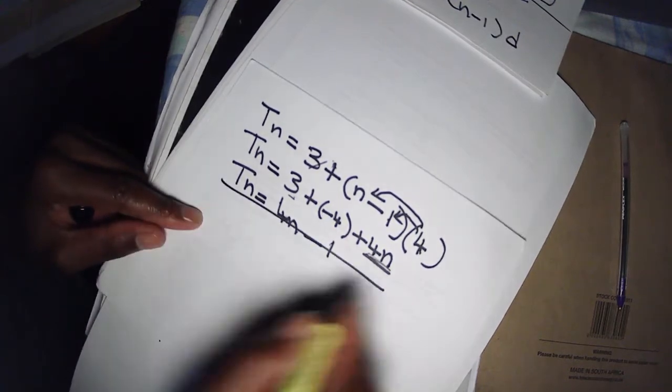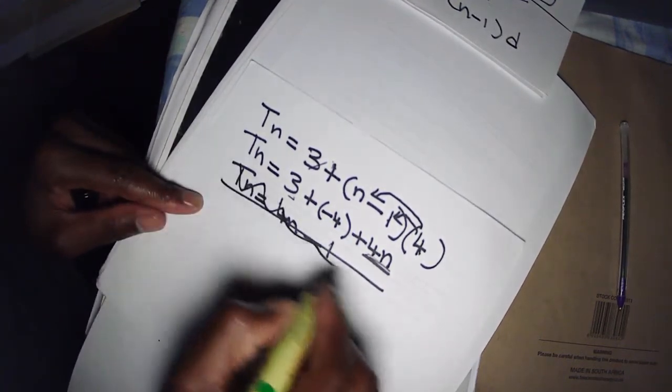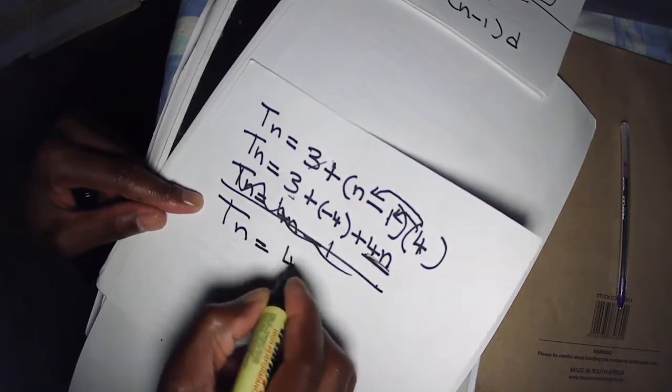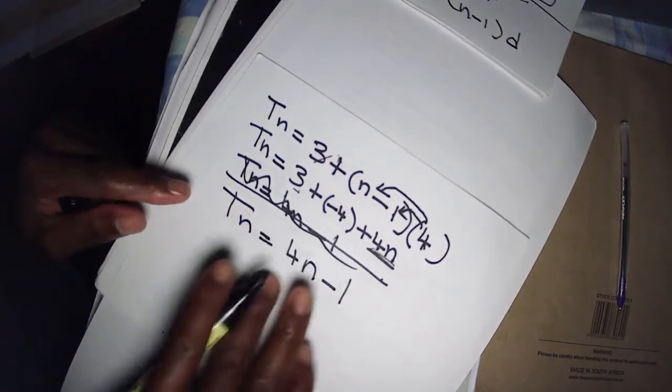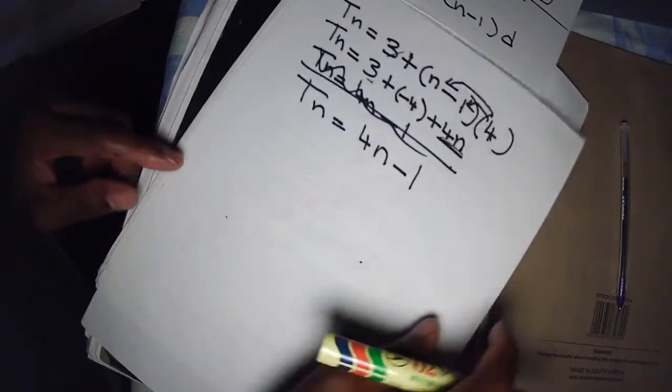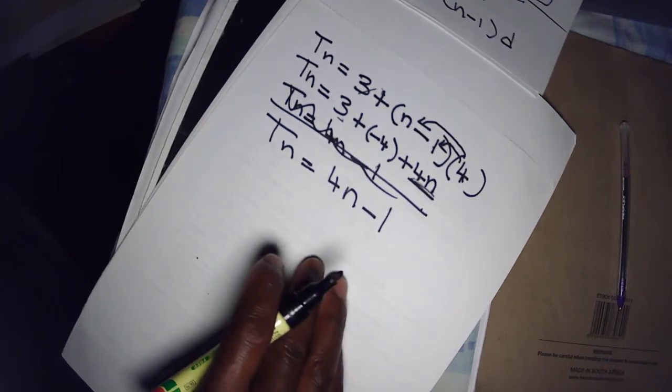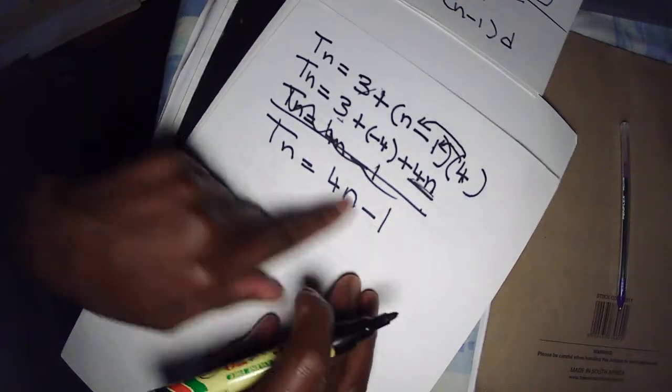Right? So, oh, sorry, so Tn is equal to 4n minus 1. So this is generally the formula of the nth term. This is the formula of the nth term.